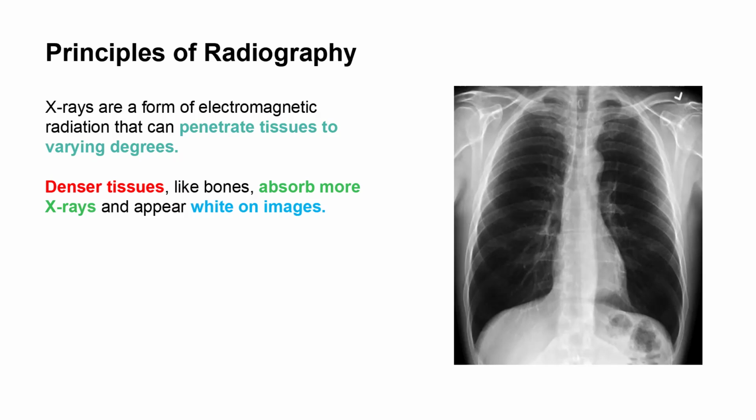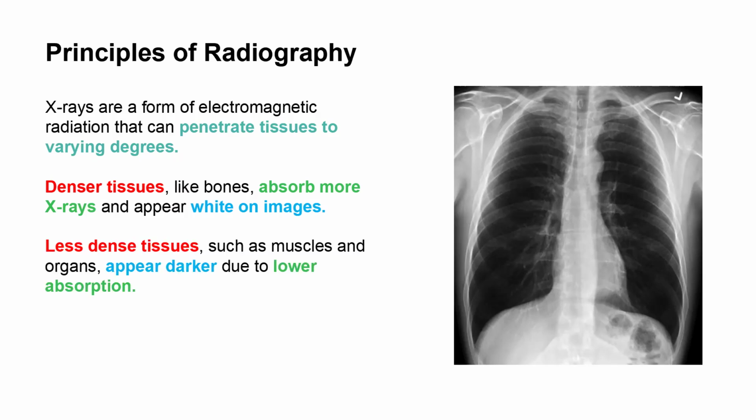white in images. And then, of course, less dense tissues such as muscles and organs appear darker due to lower absorption. So from this image, we have white areas and we have dark areas. Those white areas mean that they are denser tissues, and those less dense tissues are the ones that appear darker in the image.